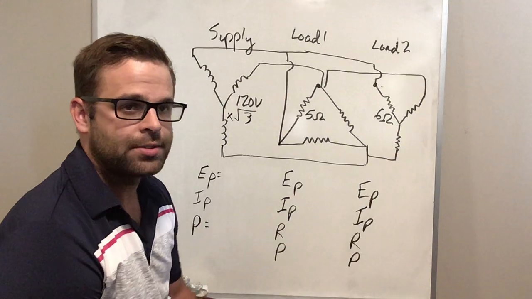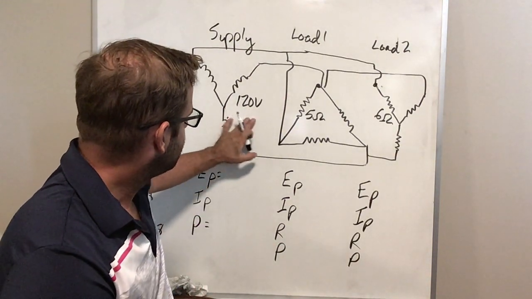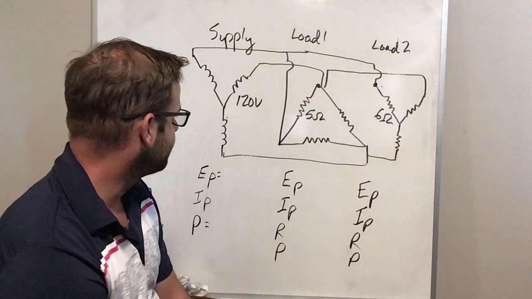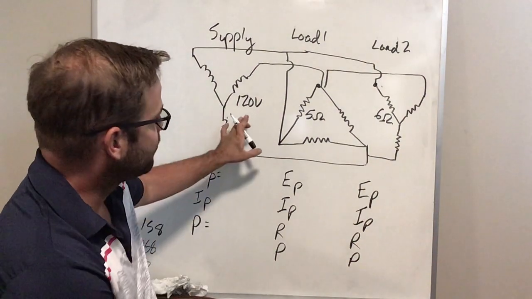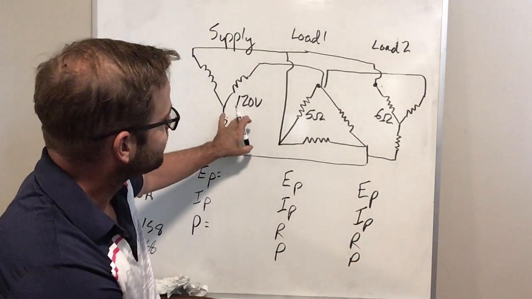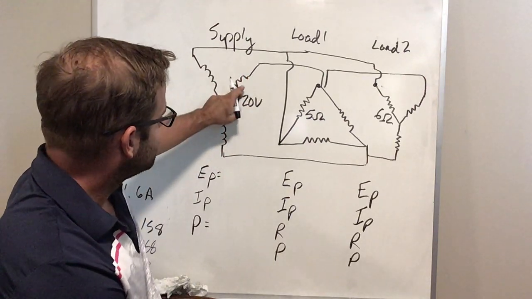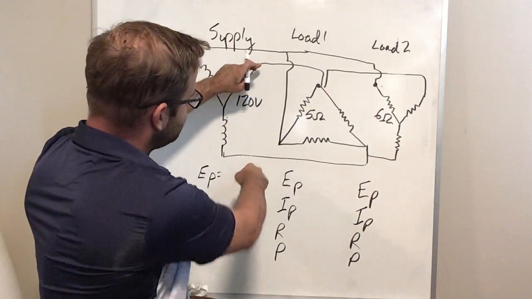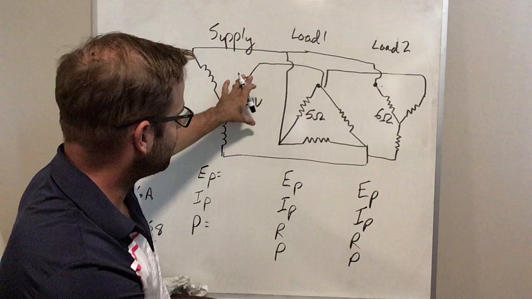I am going to complete this circuit that I gave you last class at the end of the day, and we're going to work our way through it. So if we look on here, we have 120 volts as our supply voltage. When we go out into the line, we see that there's two coils that produce the line voltage, and they're not 180 degrees out of phase with each other, they're 120.